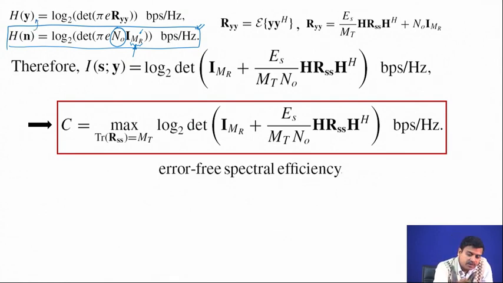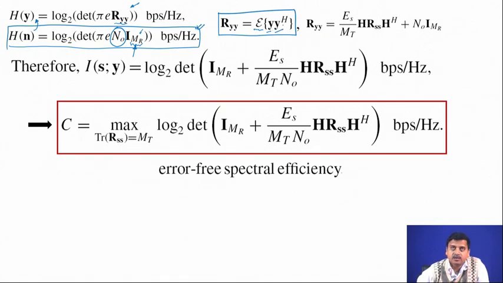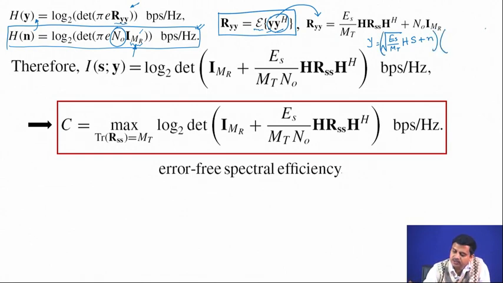Similarly, the differential entropy for Y can be written as given over here, where RYY is the covariance of the received signal, that is the expectation of Y times Y Hermitian. So, now let us expand this, that is, if you take y equals square root of Es by MT times HS plus n, you are going to multiply this by the Hermitian of the same term.